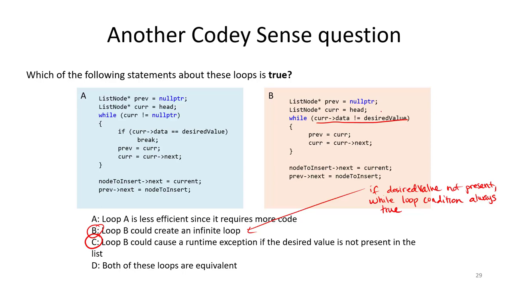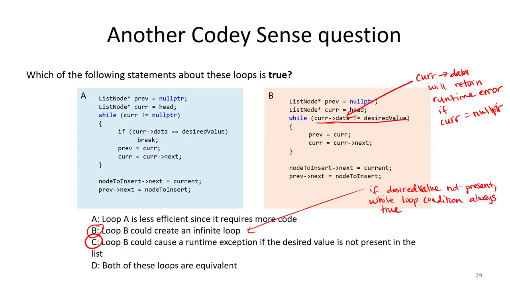true, because if we allow our current pointer to advance all the way until it reaches the end of the list, or null, we know that current arrow data will return an error. It will return that runtime exception error, or null pointer exception error, if current points to null.